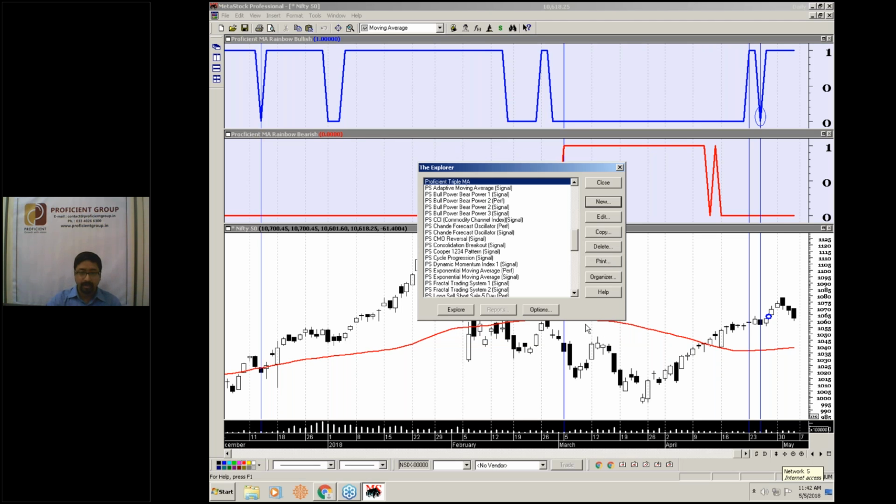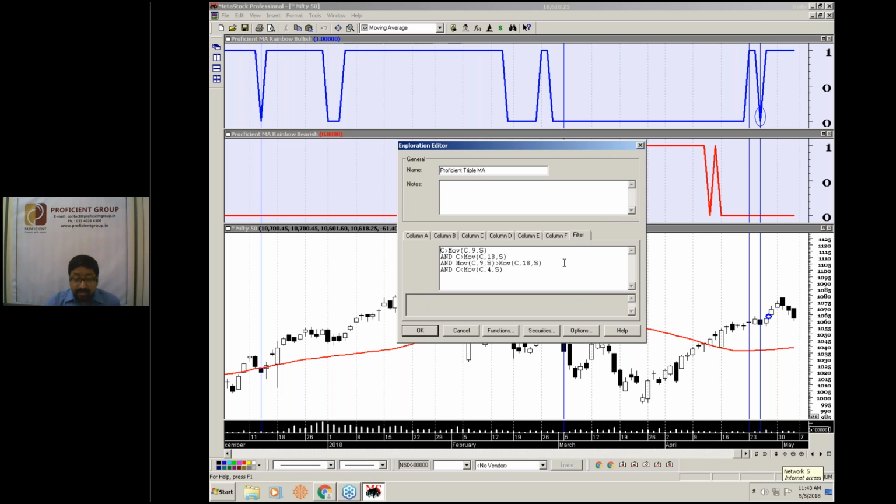So the programming part is done, but here is another point I want to mention: the 18-day moving average or 9-day moving average only define an intermediate-term uptrend, right? They will define only a short to intermediate-term uptrend.